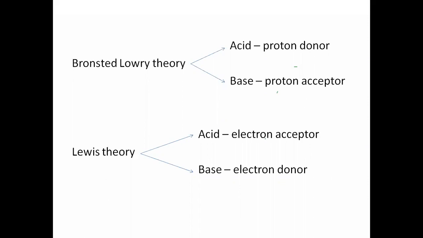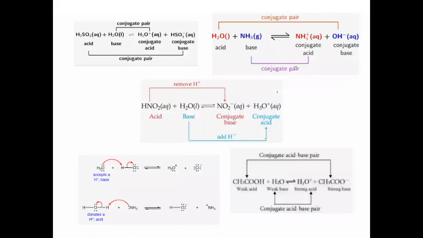The next popular theory is the theory of Lewis. Lewis said acid is an electron acceptor and base is an electron donor. And another thing you should understand, because many questions are asked on this basis, is how to find out the conjugate acid-base pair.